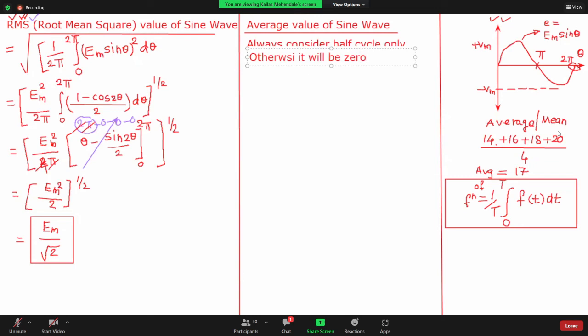I'll make a comment and then we'll start determining the average value, because somebody is bound to ask, sir, why are the limits like that? Doesn't matter, we are ready for that. So here we go. We are about to find out the average value.